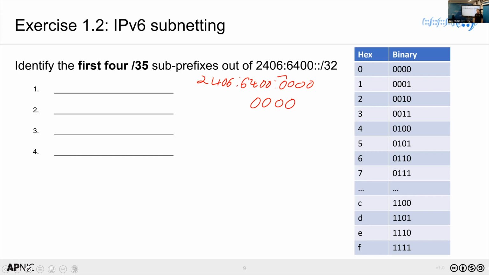And we're going to manipulate our least significant bit. We want to know our /35s. So we're still manipulating this guy here. So we ignore bit 36 for now. And we're going to 1. Binary 0, 1, 0 for our third one and 0, 1, 1 for our fourth one. But I've got my trailing bit I still need to deal with.